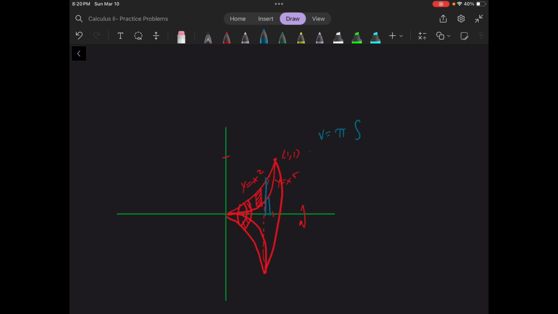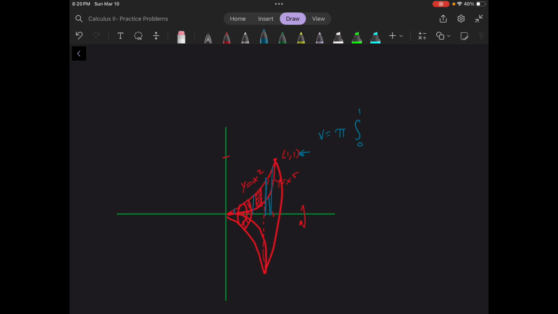Because of this right here, we're just going from 0 to 1. What is big R? It looks like big R is just the displacement between the top function and the x-axis, right? So big R is that, or even that.